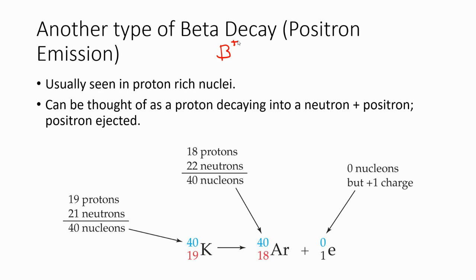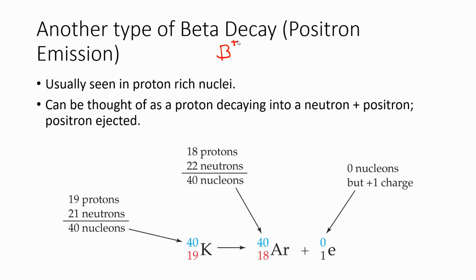Well, essentially the opposite of what we saw in beta negative decay. What we think of happening in positron emission is a proton turns into two particles, a neutron and what we call a positron. Now, you may never have heard of a positron, but you can think of a positron as being in all ways the opposite of an electron.